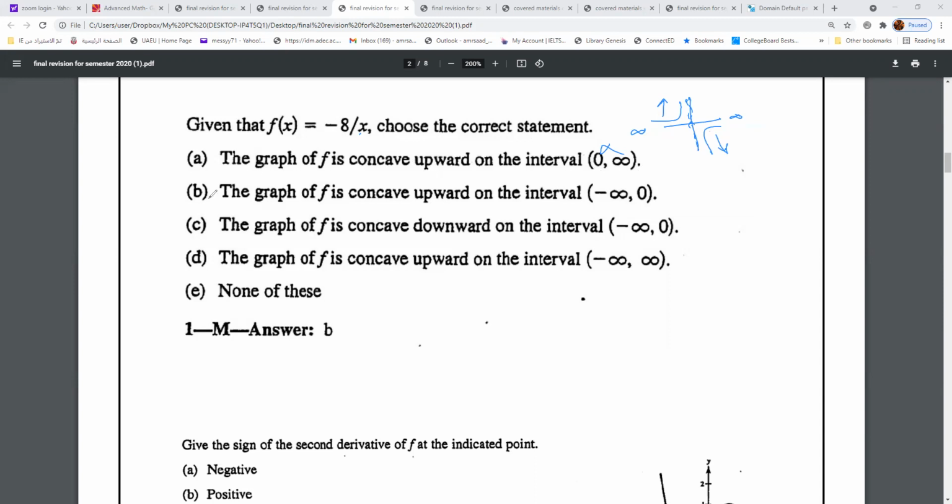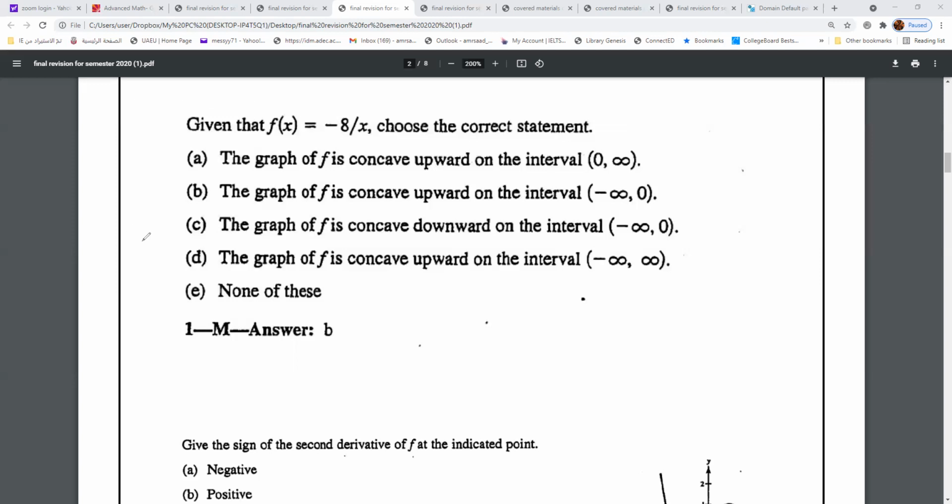That is why this is our choice, if you choose to use the sketch of the function. It's so easy for you. But some of you told me before, Miss, I don't know the sketch of this function, or how to use the graph to find the interval.